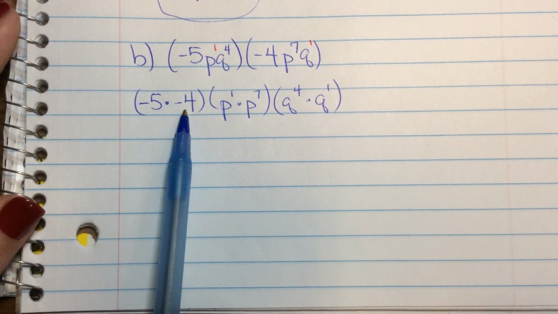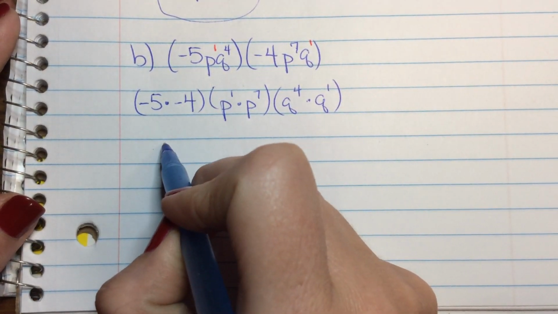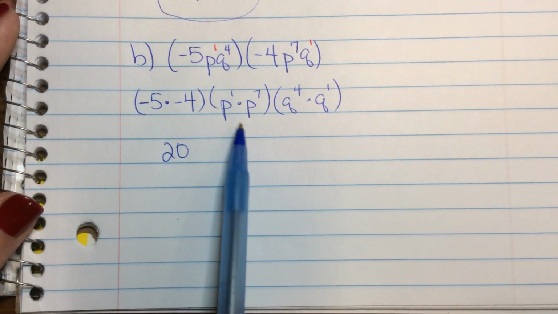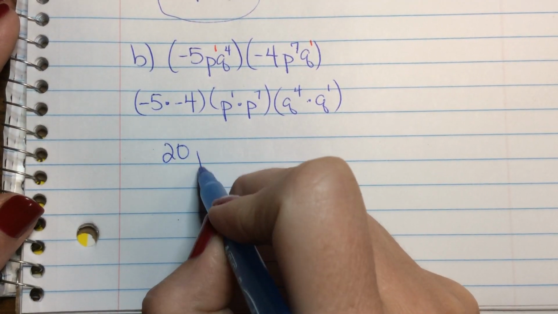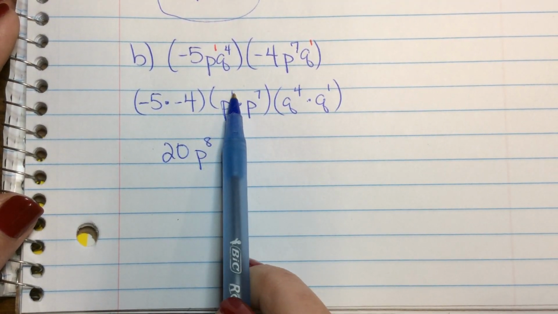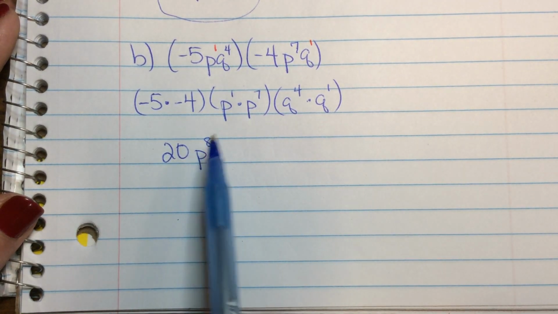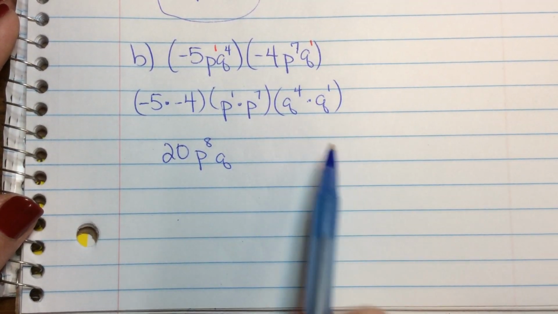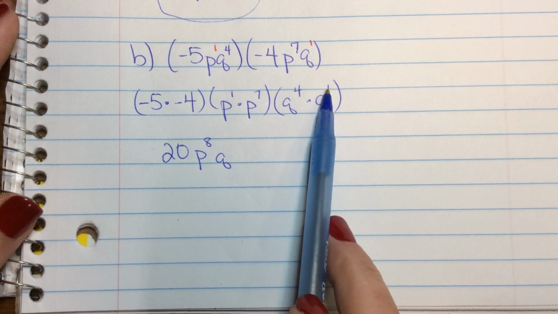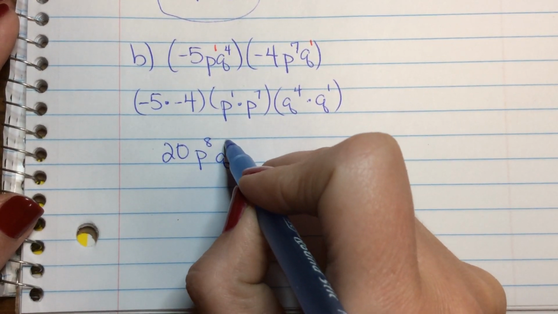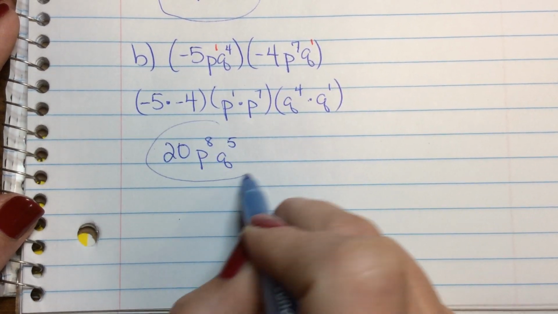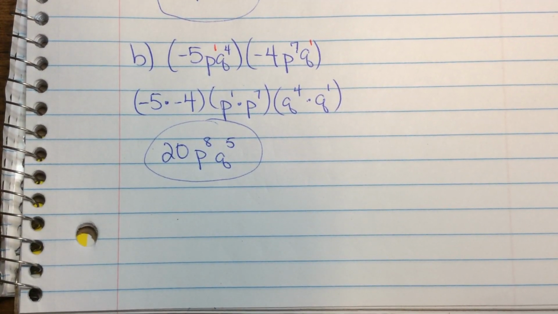Negative 5 times negative 4 is positive 20. P to the 1st times P to the 7th is going to be P to the 8th, because 1 plus 7 is 8. Q to the 4th times Q to the 1st is going to be Q to the 5th, because 4 plus 1 is 5. So there's the answer for B.